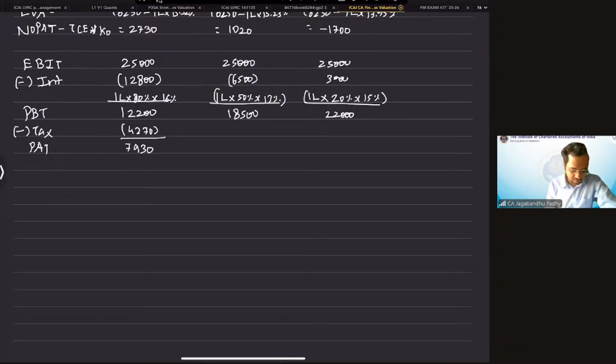For the second company, 18,500 into 35% is 6,475, so that's 12,025. For the third company, 22,000 into 35% is 7,700.